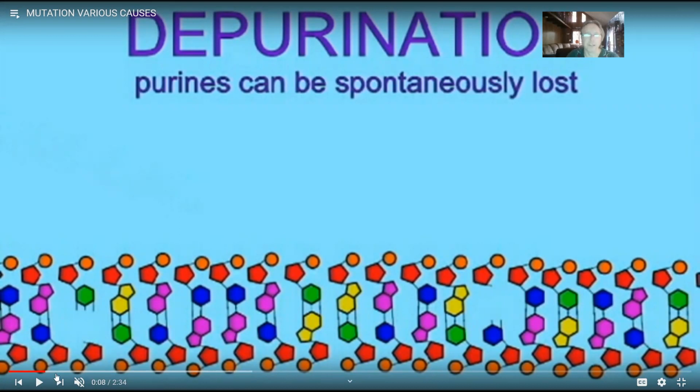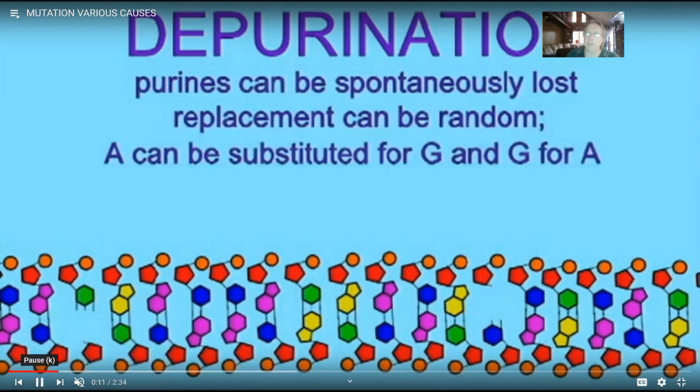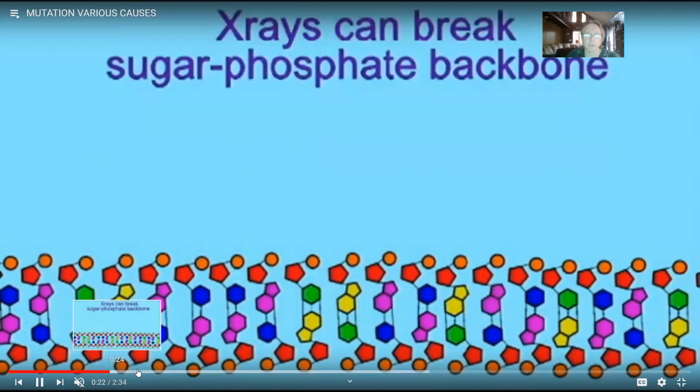In depurination, it's the purine base which is lost. Now that just happens, molecules aren't glued together permanently, so this can happen. And the purines are replaced, but because they're replaced at random, your substitute could then be the incorrect purine, say adenine instead of the guanine which was originally there.